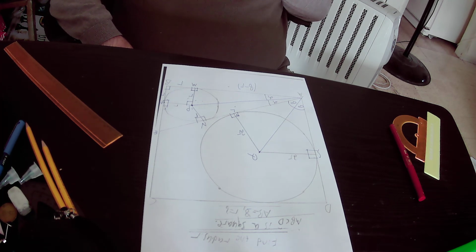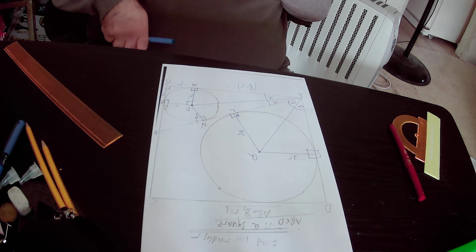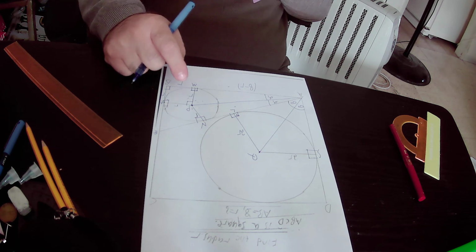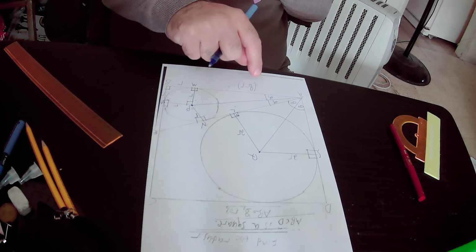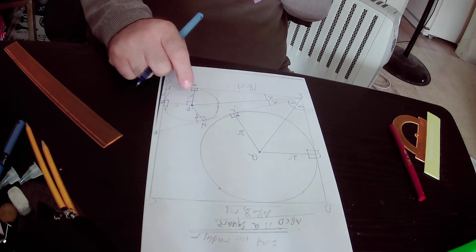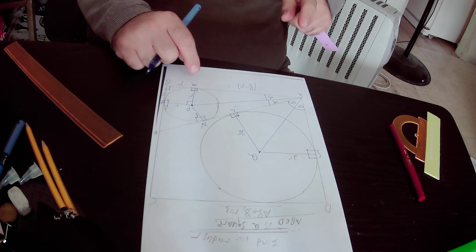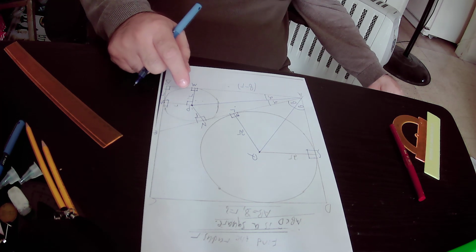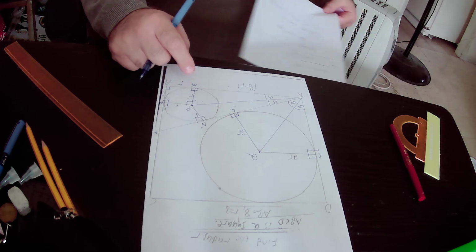So the value of tangent alpha is the relationship between the side that is in front of angle alpha divided by the side that is near angle alpha. That is to say, tangent alpha equals PM over AM.